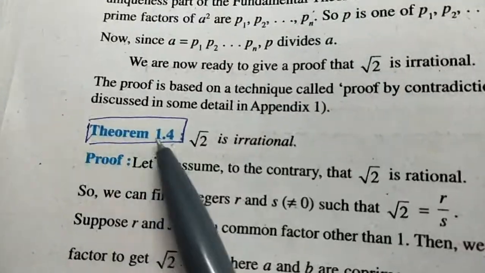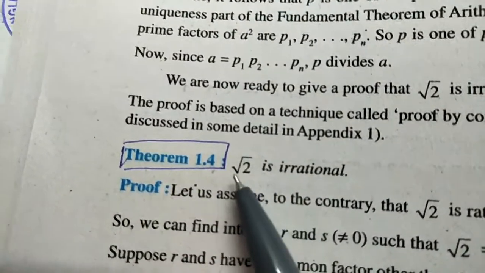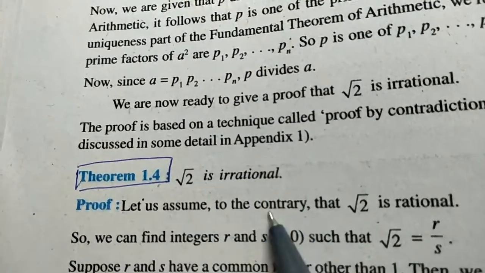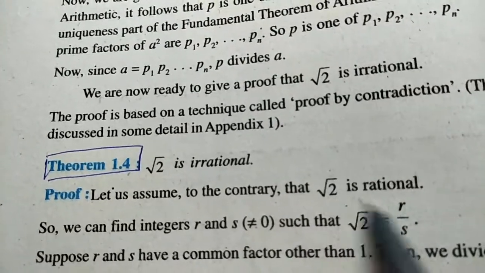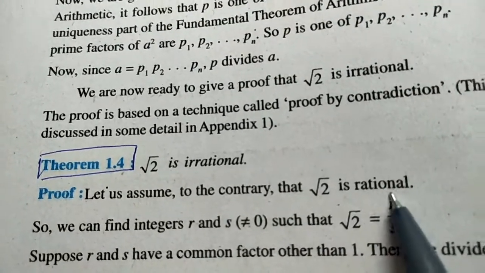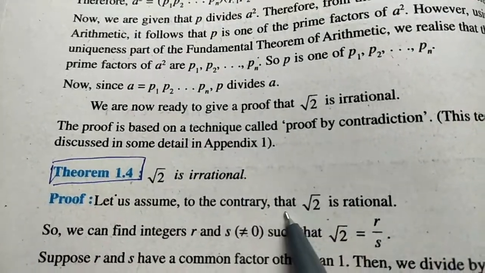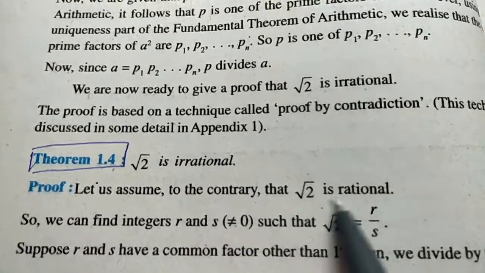Now we come back to the textbook again and we go for theorem 1.4. Here in theorem 1.4, we have to prove that square root 2 is irrational. For proving square root 2 is irrational, we will take the contrary, that square root 2 is rational. If we prove that it is rational, that means it is not irrational. If we prove that it is not rational, that means it is irrational. So let us see whether square root 2 is rational.